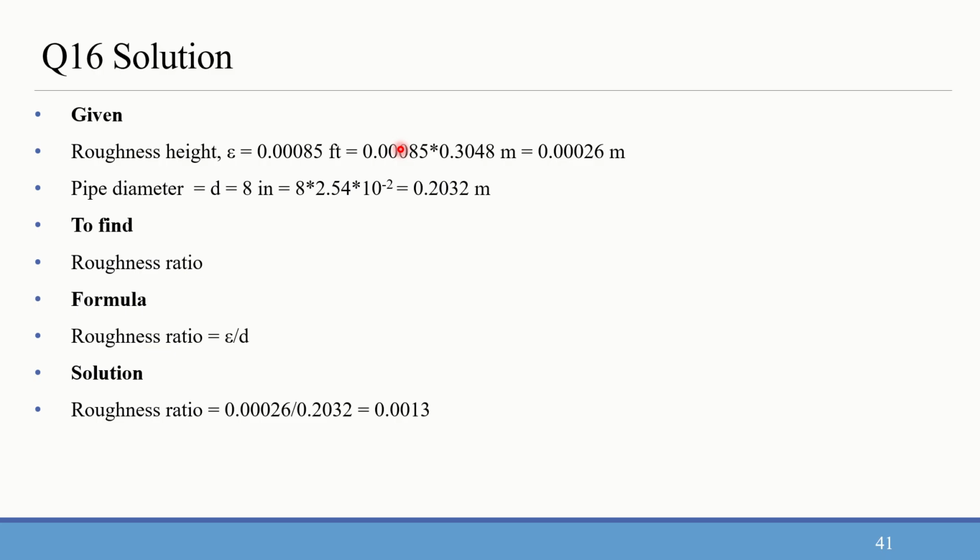Similarly we can calculate the roughness ratio for a 6-inch pipe also, but I think we haven't done that. The procedure remains the same. For example, if it is a 6-inch pipe, the diameter will change. So it is 6 into 2.54 into 10 power minus 2, 0.1524.